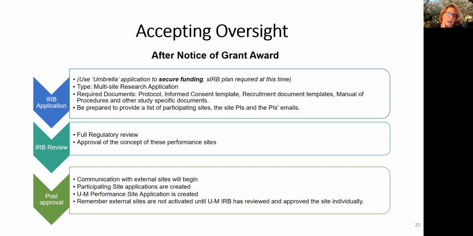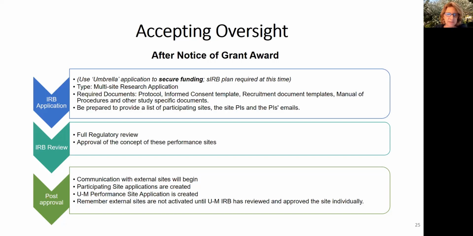And so if you actually are a performance site at Michigan and you need to route to any ancillary committees, that's why we need a separate application from you. So for example, conflict of interest could do its work, or the research pharmacy would do the work that it needs to do, looking at Michigan as the performance site.